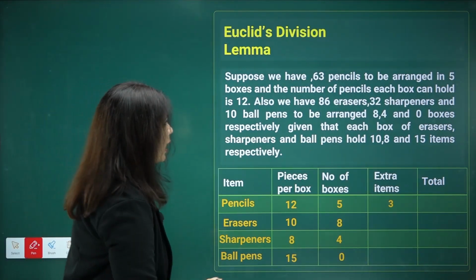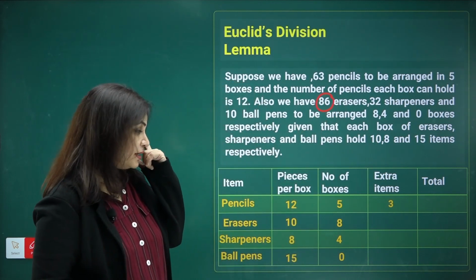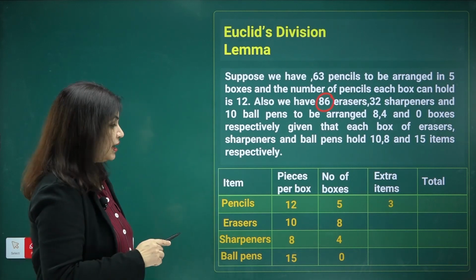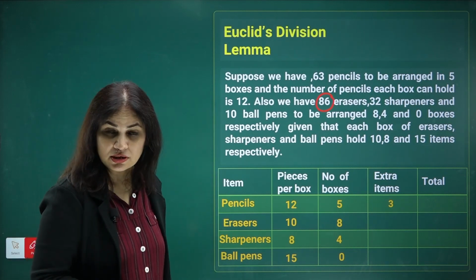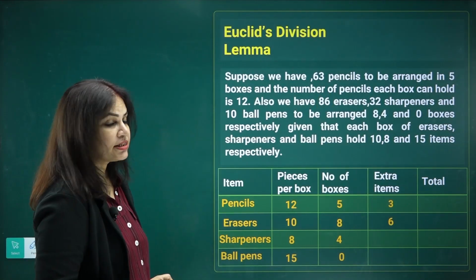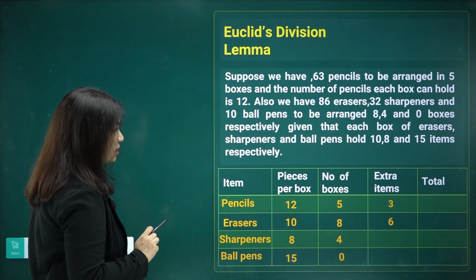Similarly, we have 86 erasers, but there are only 8 boxes, each holding 10 erasers, and as such, how many erasers will be left? Yes, 6 erasers would be left loose, not fitting in the box.